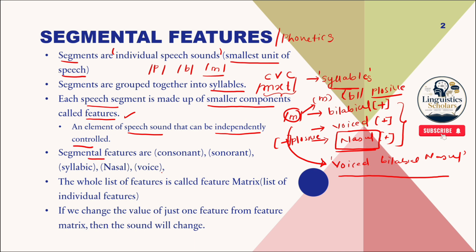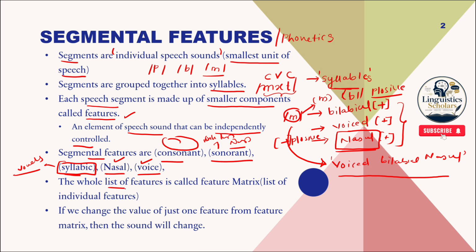These segmental features include consonantal, sonorant, syllabic, nasal, voice. As I mentioned, when we are describing ma, it is voiced, it is nasal. The syllabic feature is for the vowels, sonorants for glides, liquids and nasals, and all others fall under the category of consonants.